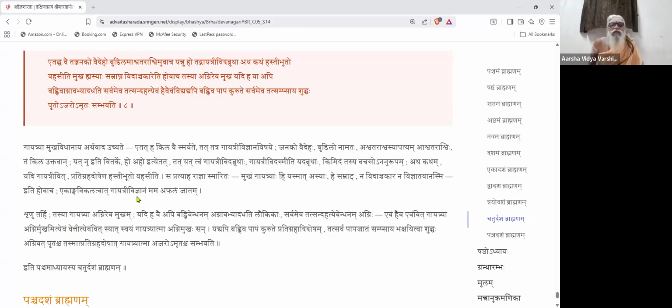And therefore, this evam vit, one who does Upasana of Gayatri in this manner, that Gayatri's mouth is fire, for him there will not be any papa. All that will be consumed, and he will remain Shuddhaha, like even the fire purifies. This Gayatri Upasana purifies you. So, Shuddhaha, Putaha, Ajaraha, Amritaha.